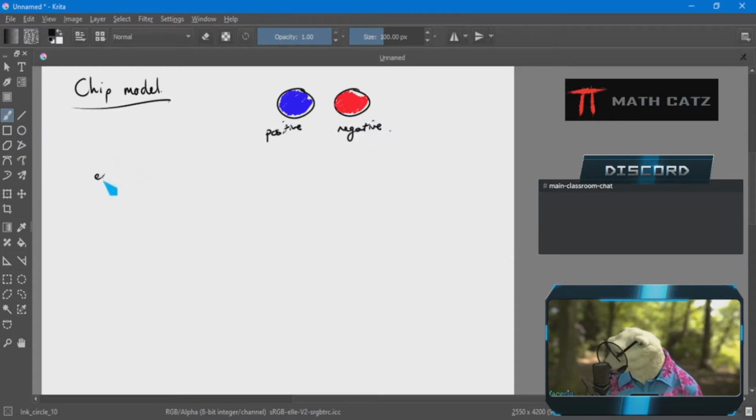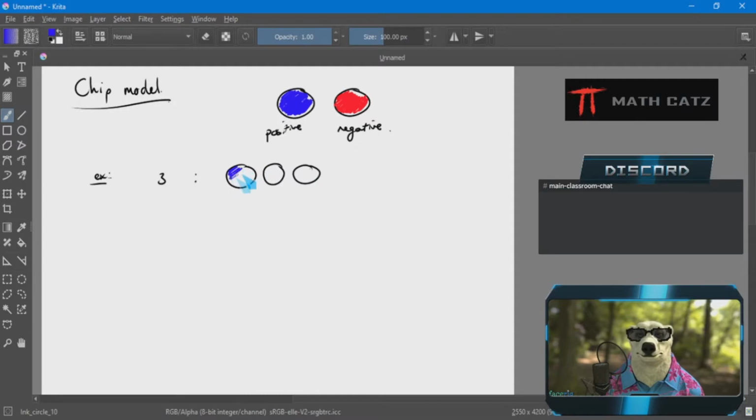So, for example, if I want to represent 3 in chip form, I would have, that's not a chip, that's a chip with a bite out of it. I would have 3 positive chips on the table.